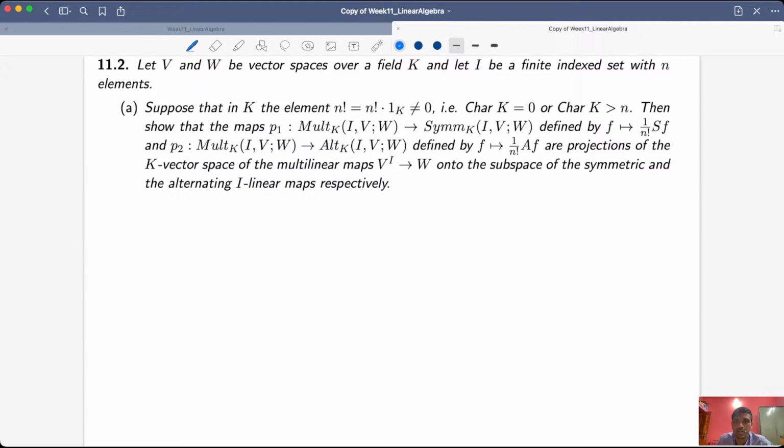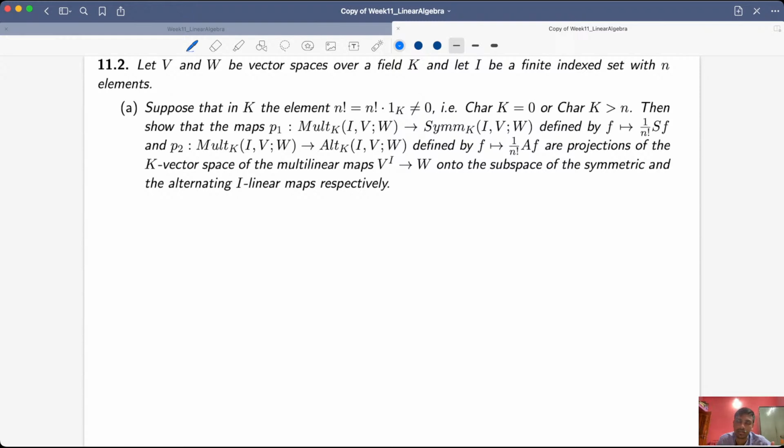I need to show that they are projections. So if you compose these twice, that gives you the same thing. It is easy because SF is already a symmetric multilinear function. So if you symmetrize it again, for each permutation sigma, sigma of SF is still SF.